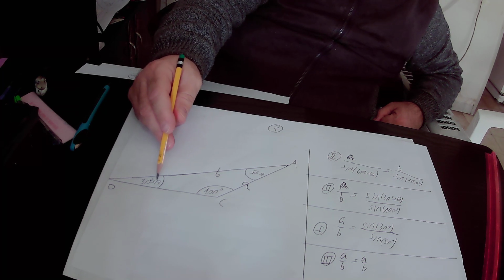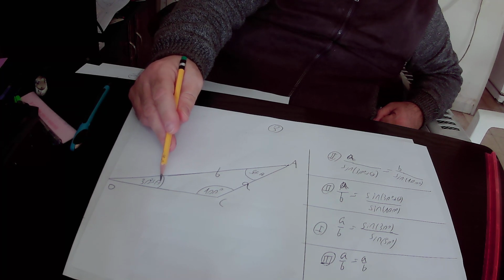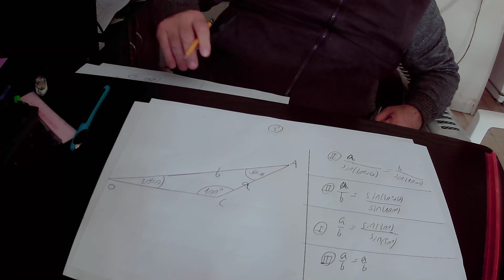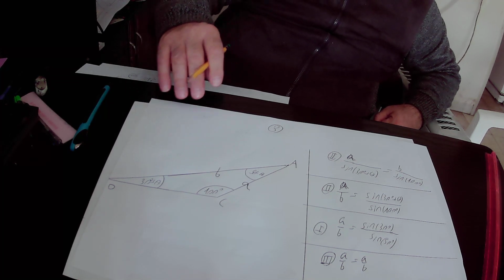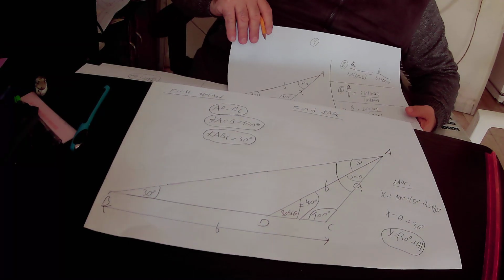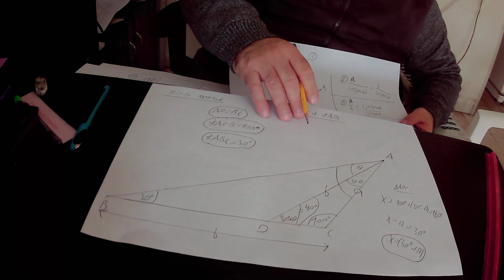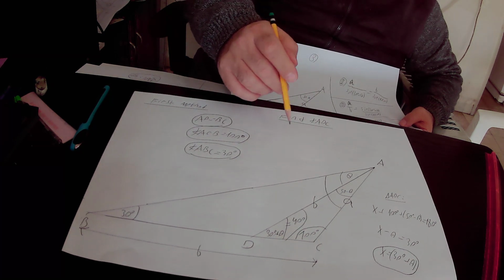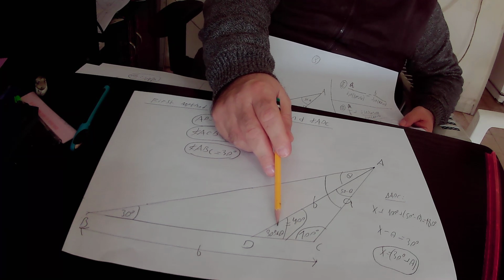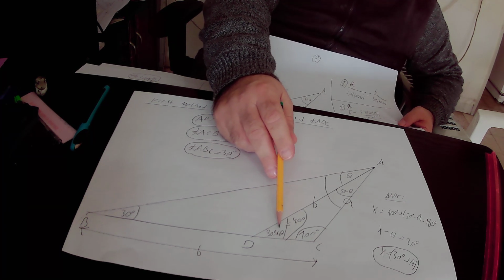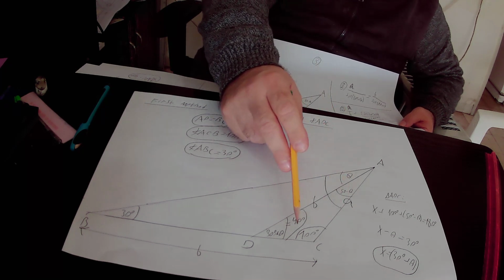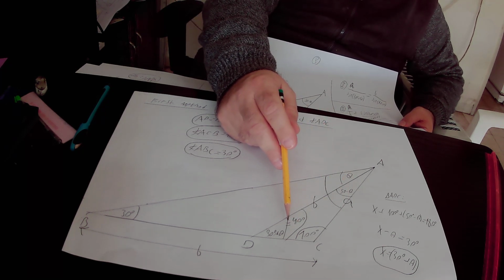We need the value of this other angle. If we define this angle as angle X, then we know that the sum of the angles in triangle ADC must be equal to 180 degrees.